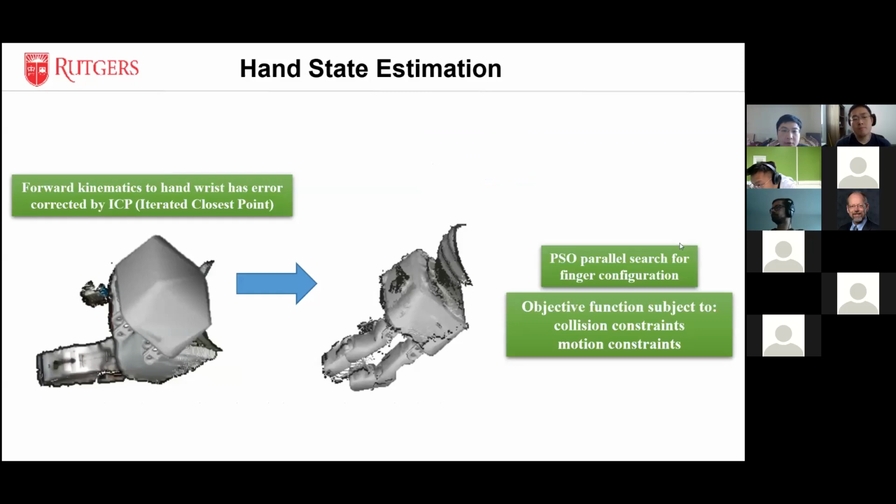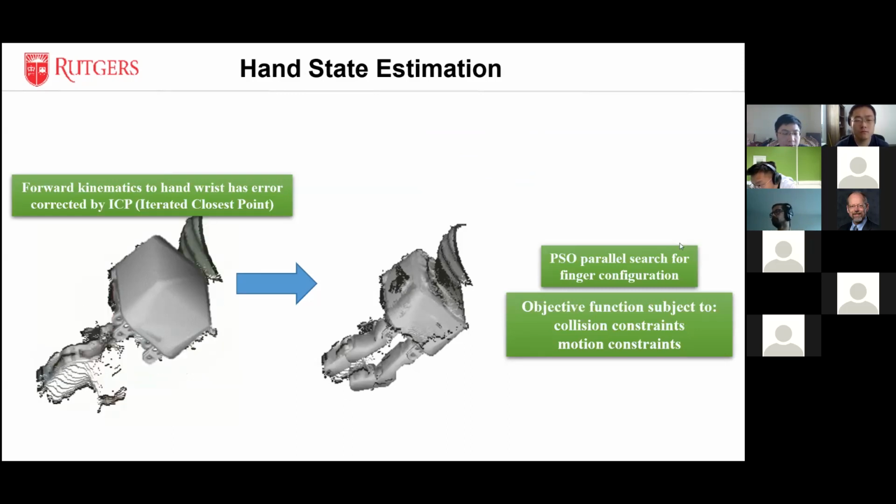So first, we try to address the problem of the hand pose so as to approach the object pose estimation. Because of forward kinematics or camera calibration error, we first apply ICP between the observed point cloud and the CAD model by using the forward kinematics until the hand base.